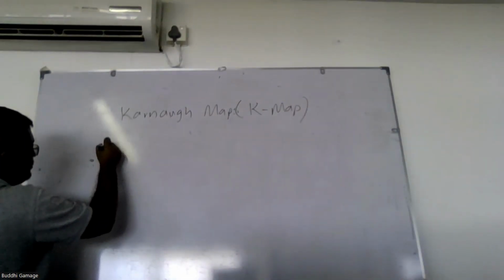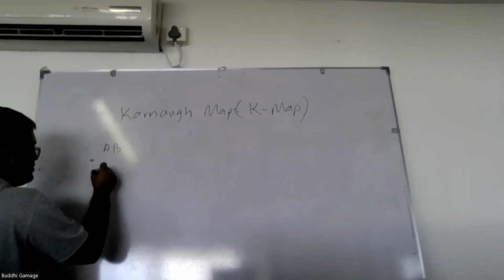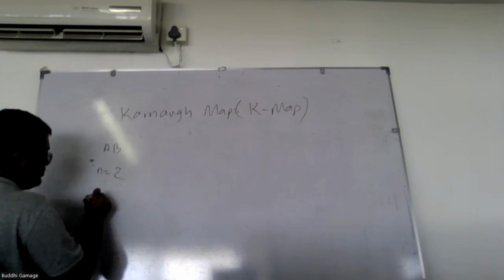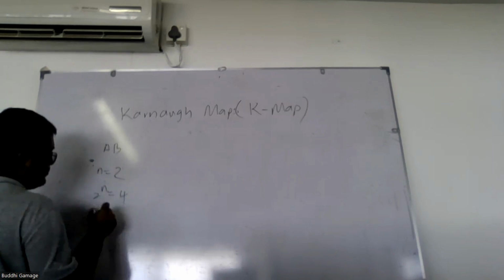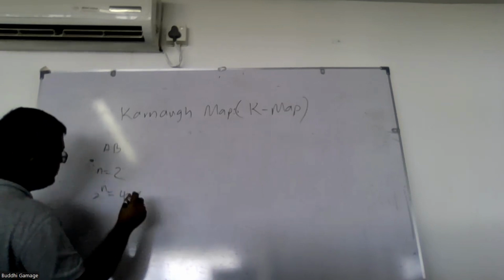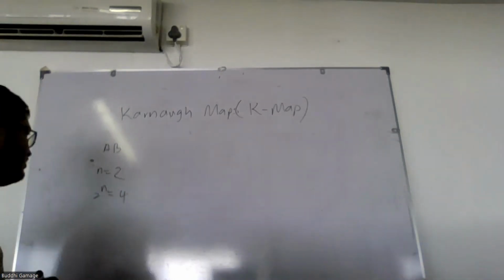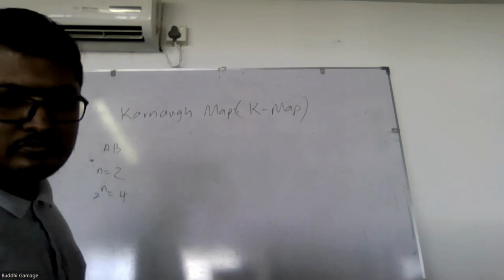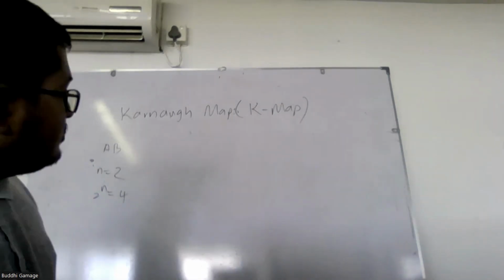Consider we have only A and B, so n is equal to 2. There are 4 rows in the truth table, and in the K-map there are 4 cells.